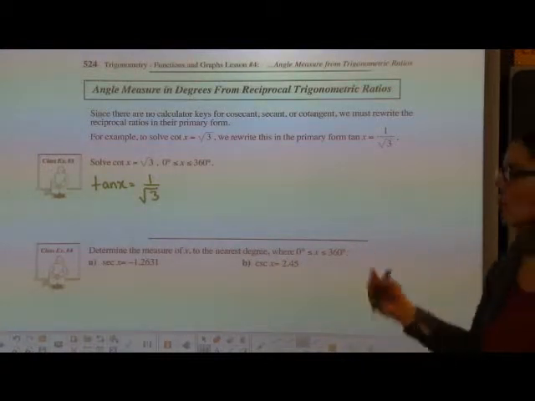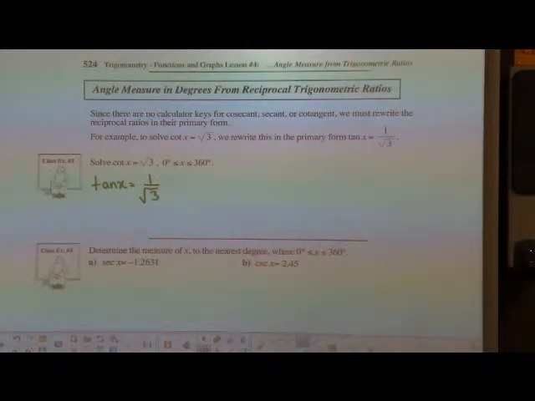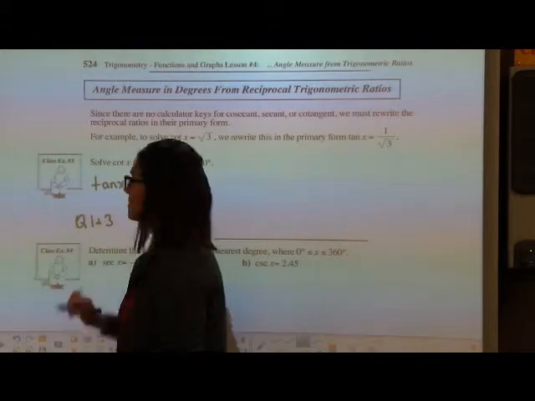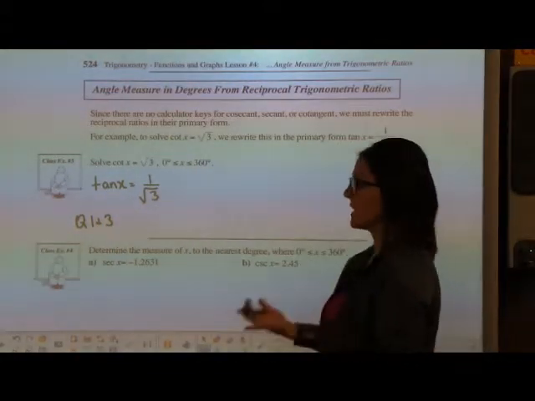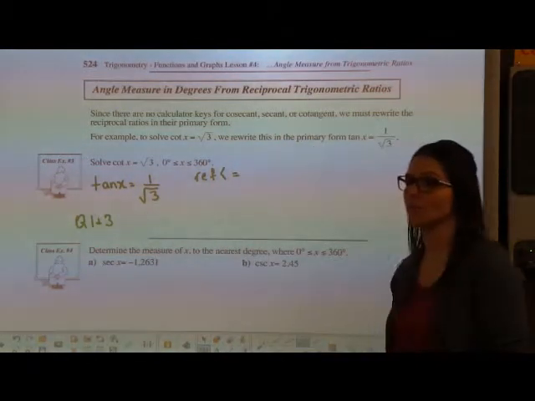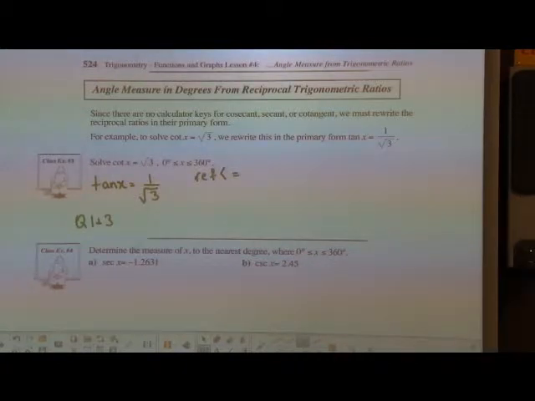First process, what quadrants is tan positive? 1 and 3. So I know now that I'm in quadrants 1 and 3. Once I know the quadrants, second step, reference angle. So if I go tan inverse 1 divided by root 3, what do I get for an angle? 30 degrees.